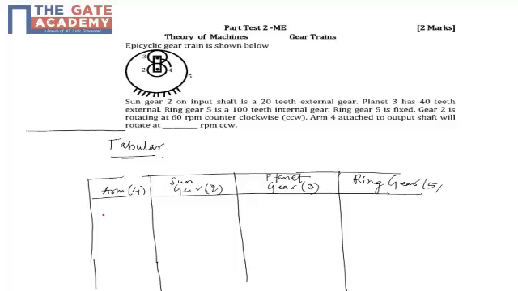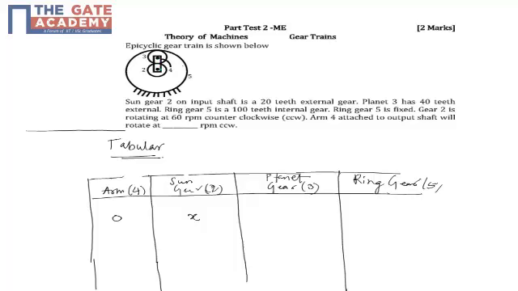First we fix the arm and don't provide any rotation to the arm. Now we give clockwise rotation of x revolutions to the sun gear; you can give one rotation and then multiply everything by x. So the sun gear rotates clockwise with x, and remember the arm is fixed in the first step.